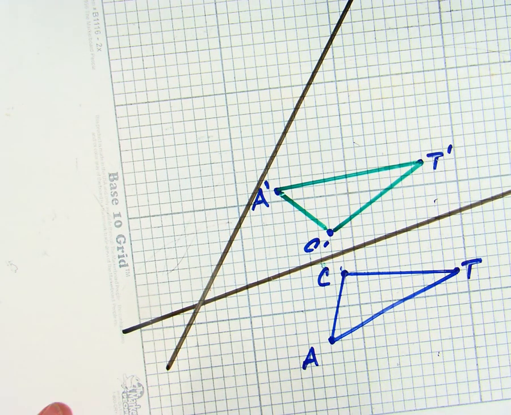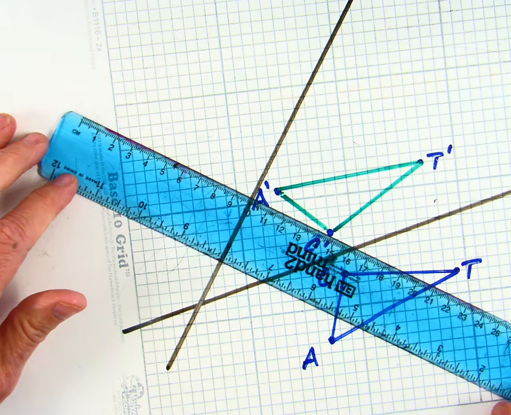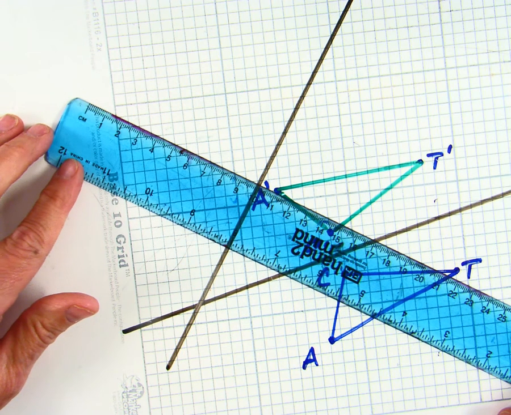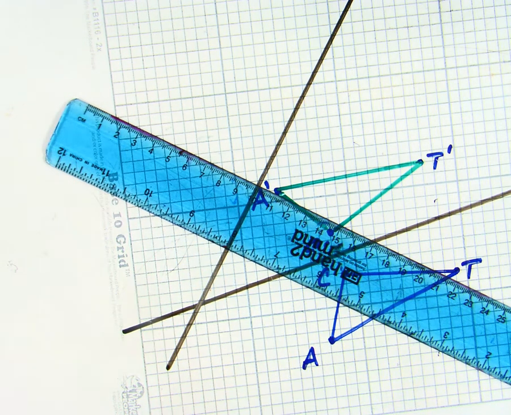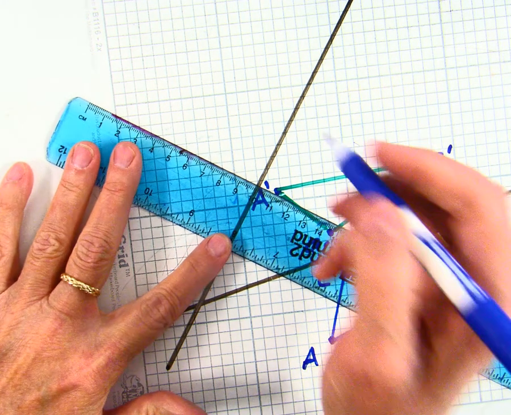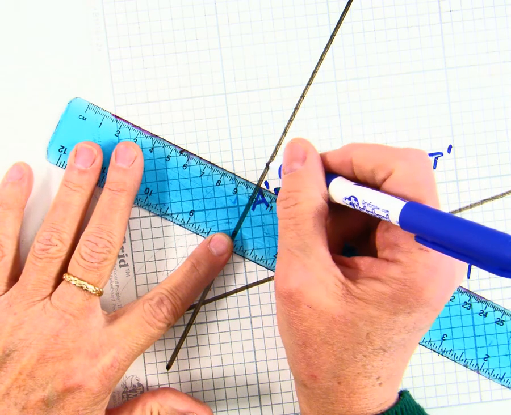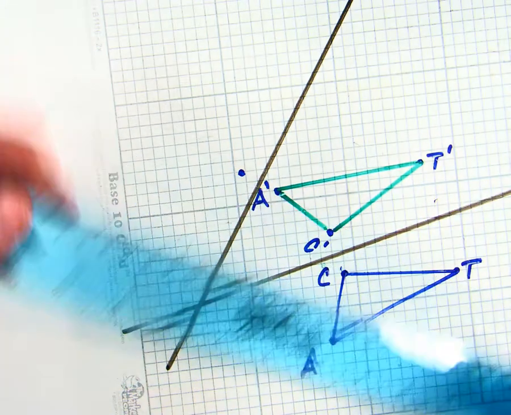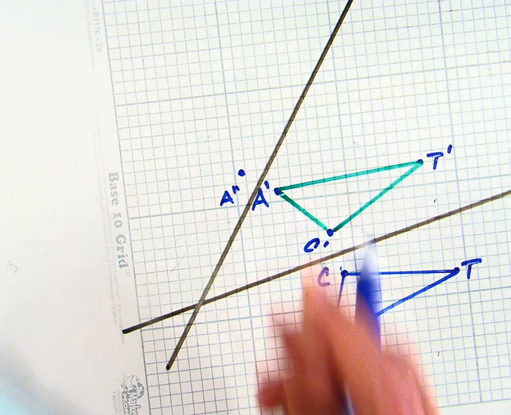I'll do the same thing. My lines of sight need to be perpendicular to my mirror line. I'll put it so it's perpendicular, then mark the same distance on the other side and label it double prime.